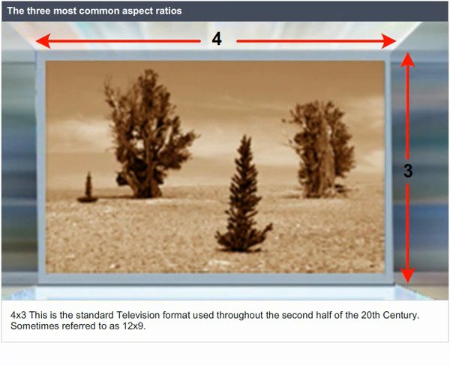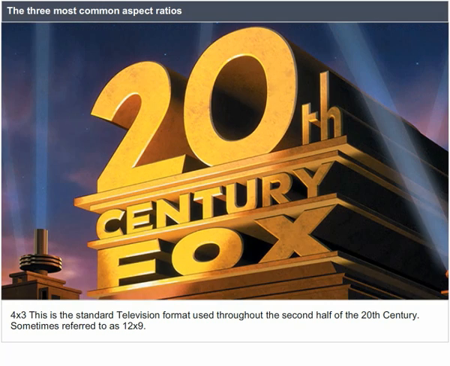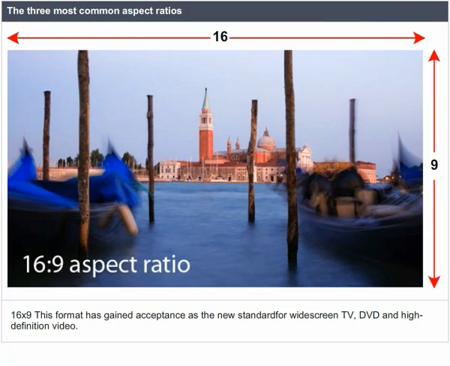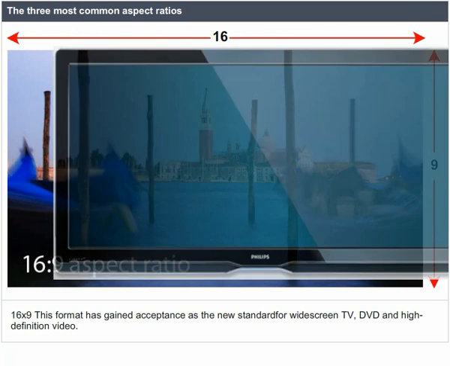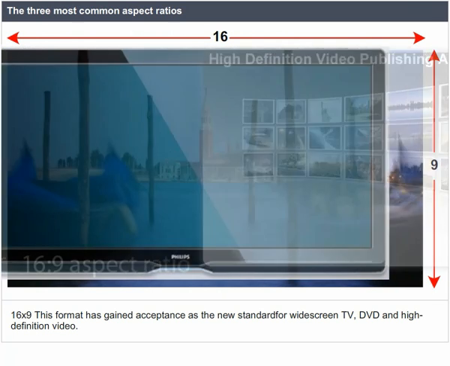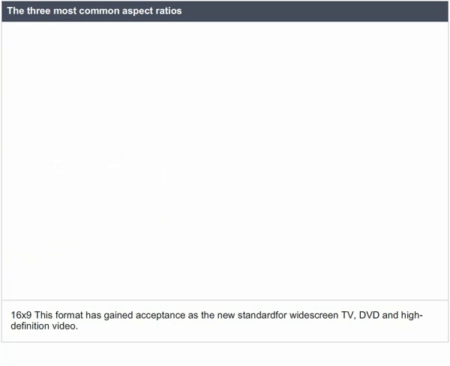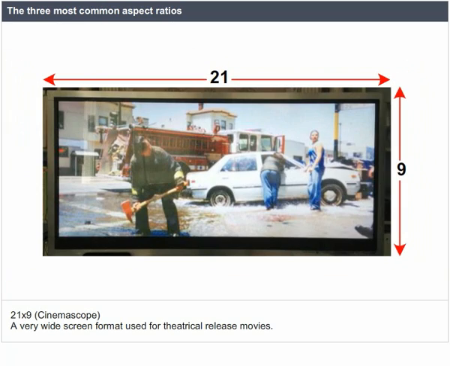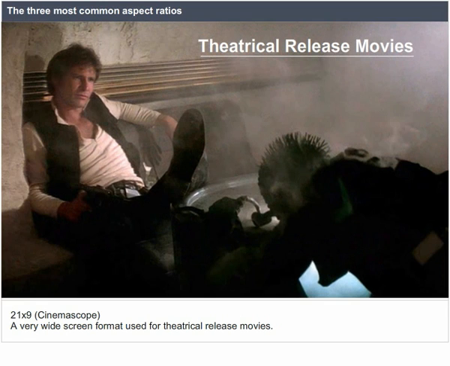This is a standard television format used throughout the second half of the 20th century, sometimes referred to as 12:9. 16:9. This format has gained acceptance as the new standard for widescreen TV, DVD, and high-definition video. 21:9. CinemaScope, a very widescreen format used for theatrical release movies.